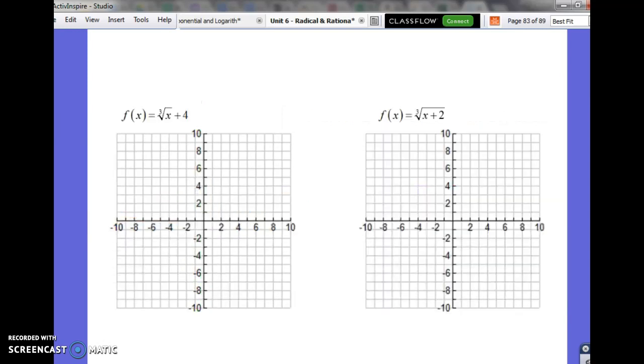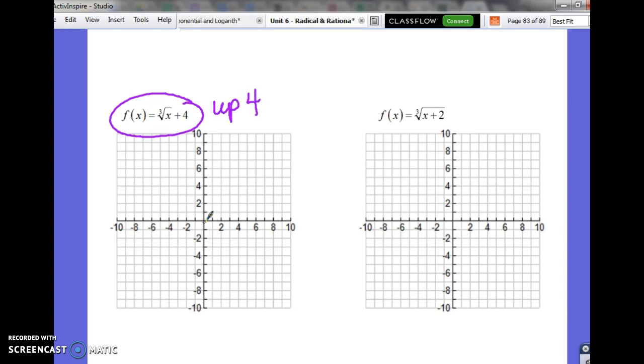So the next two examples on your paper are translating the cube root function. So for this one, that should be a translation of up 4 units.